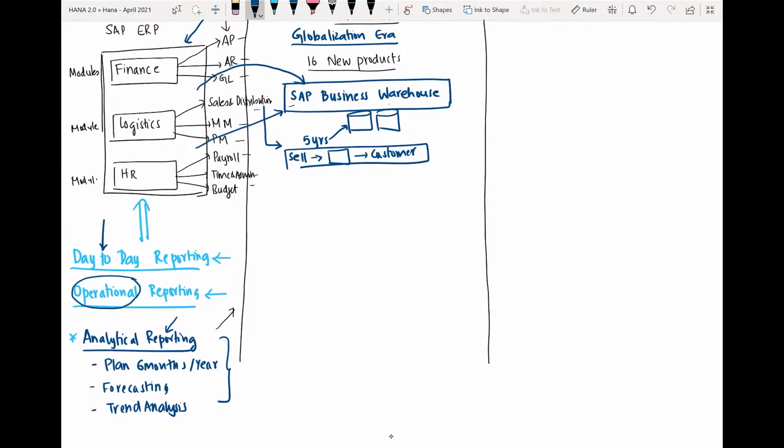So what happened when logistics in the 1970s and 1980s was focused only on sales and distribution? The sales and distribution now got further divided into three main categories. Selling was not as simple as picking up a phone and calling a few customers within Michigan, in this case, and saying, hey, I have a great product, I want to sell it to you.